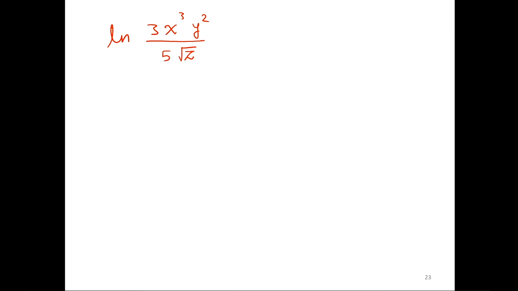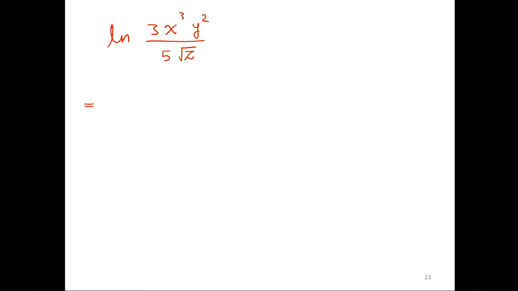If we have fraction and multiplication in numerator and multiplication in denominators, we can directly distribute the ln in numerator and denominators. If we distribute in numerators, put ln plus ln plus ln.